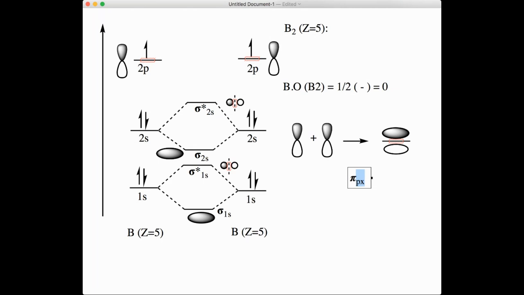Remember, we only combine orbitals that are similar in energy and have the right symmetry, right? So I combine these two, and that leads to an in-phase combination, a pi bonding molecular orbital. That's going to be an orbital with lower energy than its atomic orbitals. And that pi bonding molecular orbital is going to look like this.